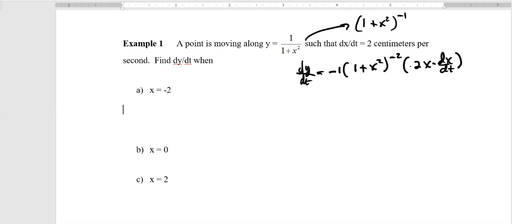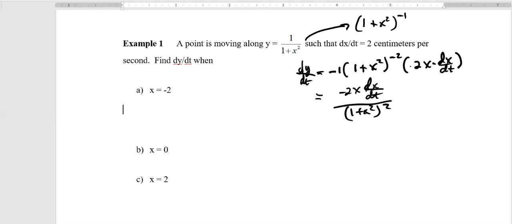Now let's rewrite this the best way we can. It looks like we have a 2x, so I'm going to make that -2x dx/dt over the quantity 1 plus x squared, squared. Okay, so that's everything. Now I can calculate that at whatever values I want.